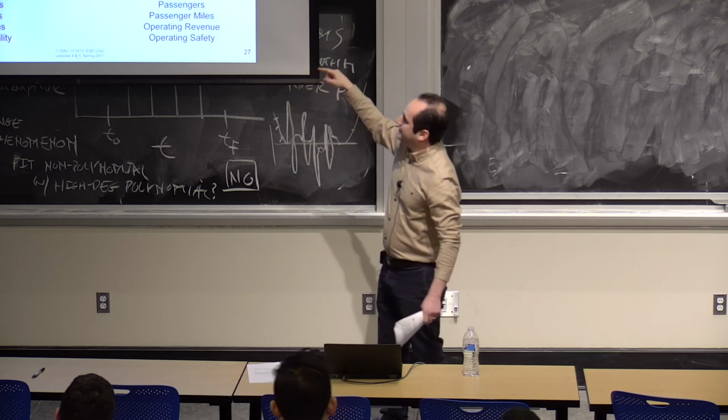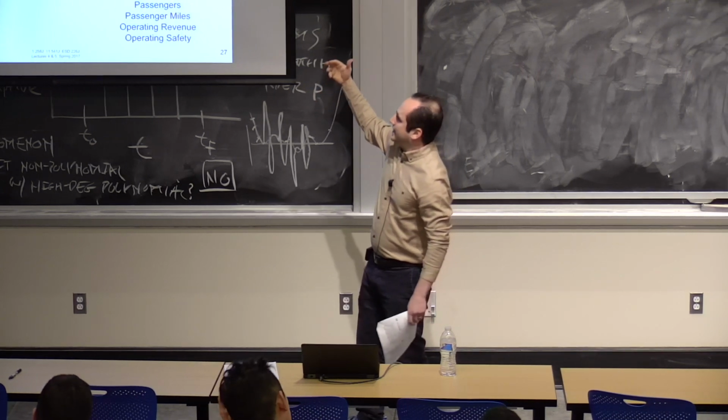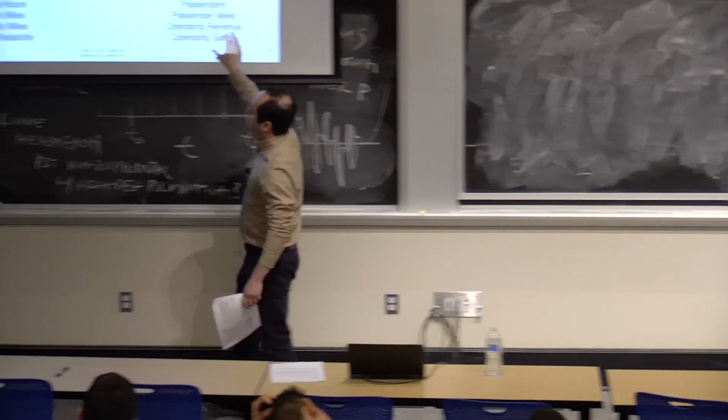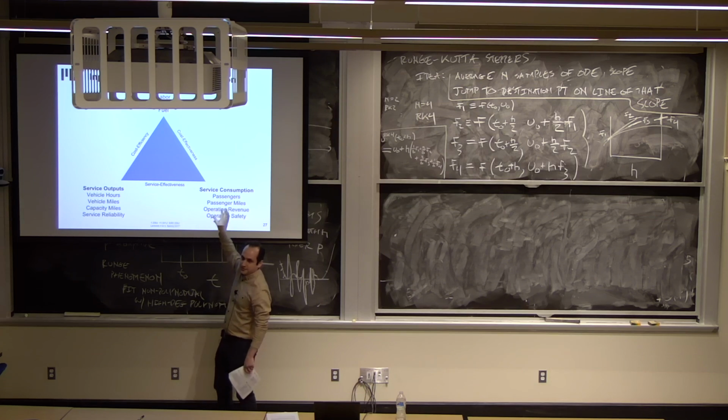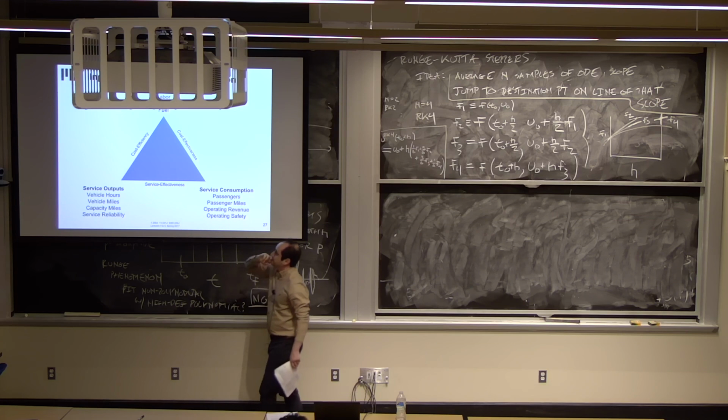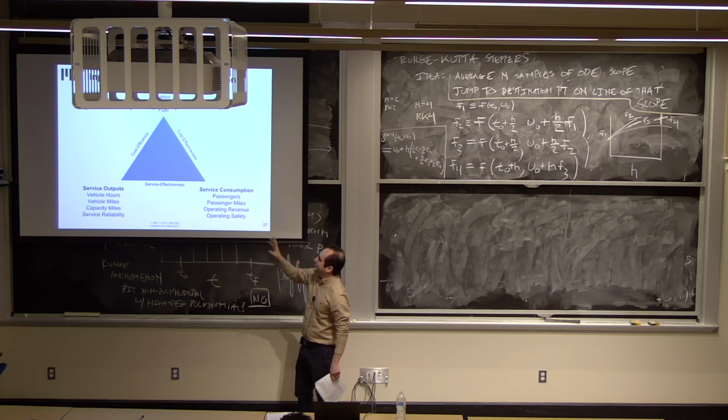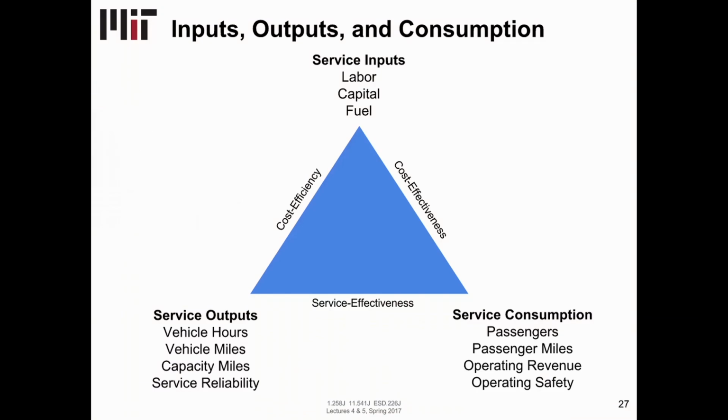But you can go one level up by playing with these measures and computing, for example, the ratios of these quantities. So each one of these edges is dealing with the ratio of the quantity at one vertex over the quantity at another.